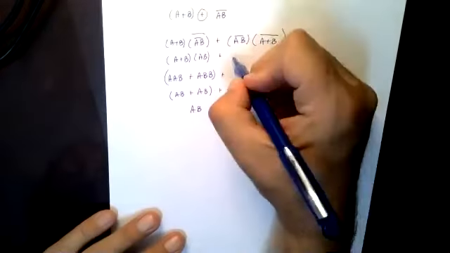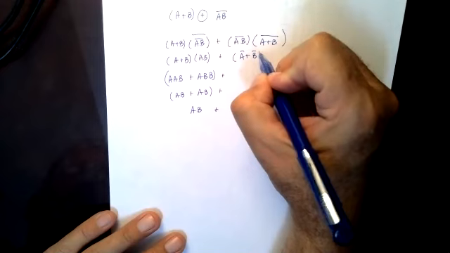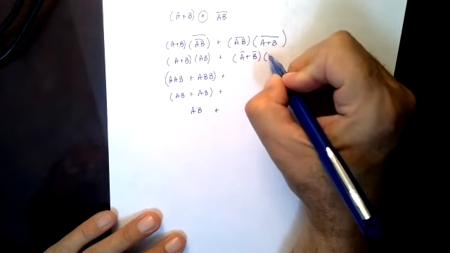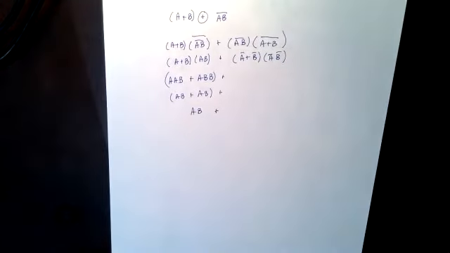The right side, I'm going to use De Morgan's. Not A plus not B times not A, not B. The not of a product is the sum of nots. The not of a sum is the product of nots.